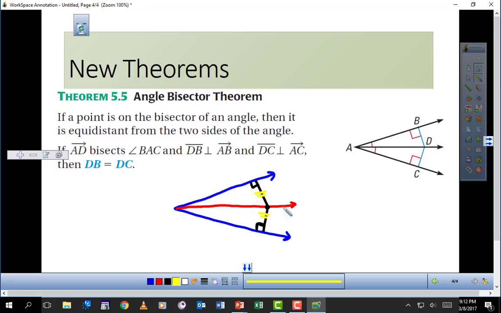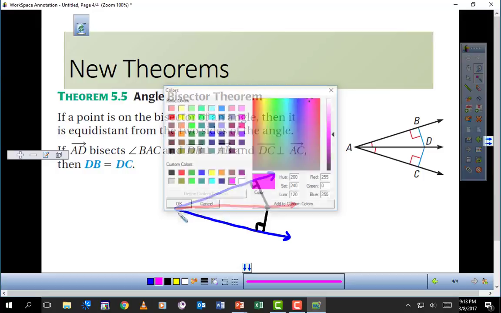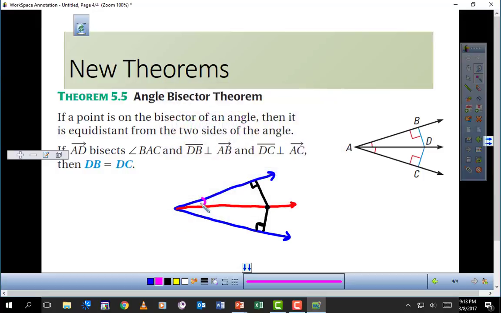Okay, well, why can we say that? Well, I'd like to show you how. It shouldn't take too long. Well, what we know is, since this is an angle bisector, we could say right off the bat that this angle is congruent to this one, because that's the definition of an angle bisector.